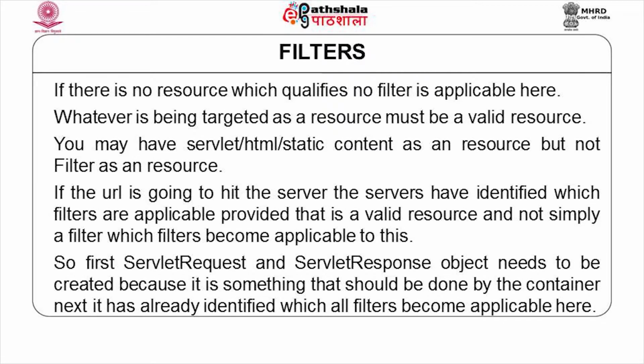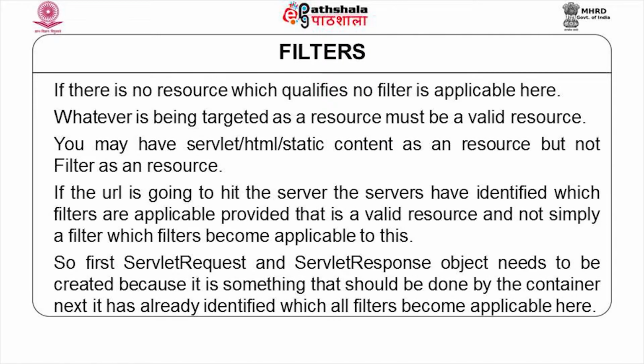So, first it would create the servlet request object and the servlet response object, because that is something which has to be done by the container. It would come up with those objects of servlet request and servlet response. Next, it has already identified which filters become applicable here. When it has identified that these are all the filters which are applicable, it would create an object of filter chain.